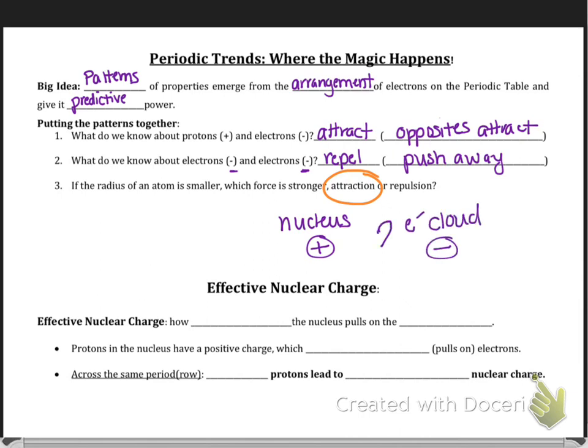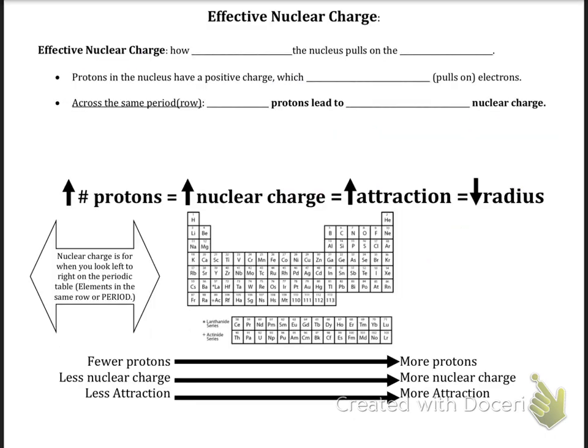So there is basically a love story between your protons and your electrons, and our trends are all based on this love story. In order to understand the love story, there are two influences on it. The first one we're going to talk about is effective nuclear charge.